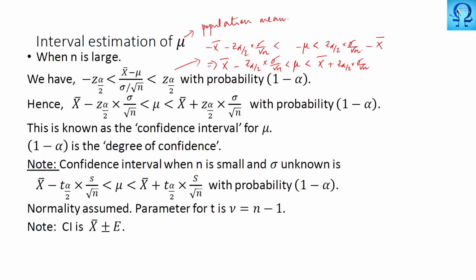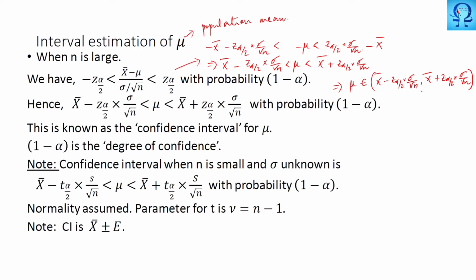This is with probability 1 minus alpha, and we can put it as mu belongs to x bar minus z alpha upon 2 product with sigma upon under root n comma x bar plus z alpha upon 2 product with sigma upon under root n.